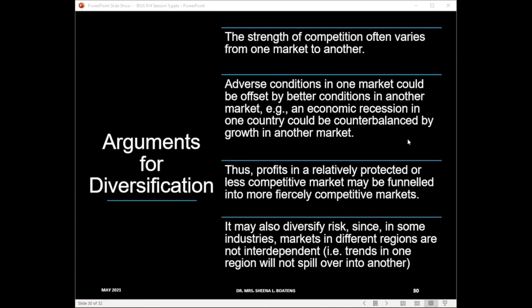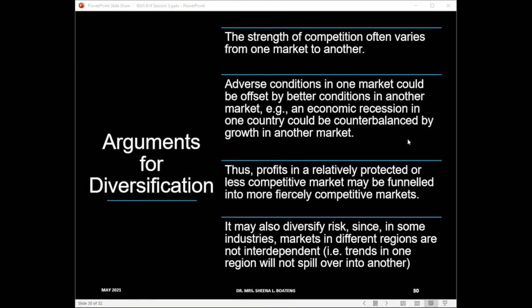So if the conditions become adverse in one market, the firm could offset the losses they are making in this market where conditions are not necessarily conducive with the returns they are making from markets that have good conditions, right? So for instance, if there's an economic recession in one country, the firm would always be able to counterbalance with another country that is not facing recession, that perhaps is facing a boom, right?